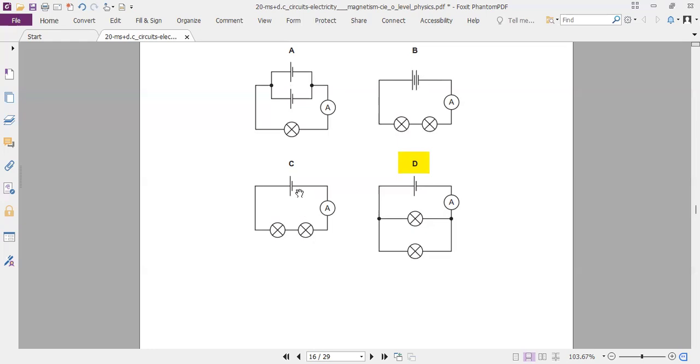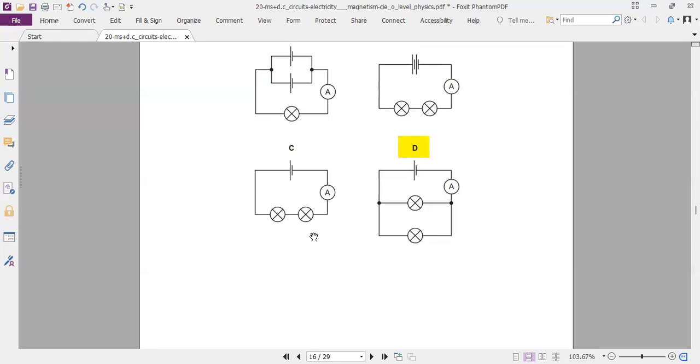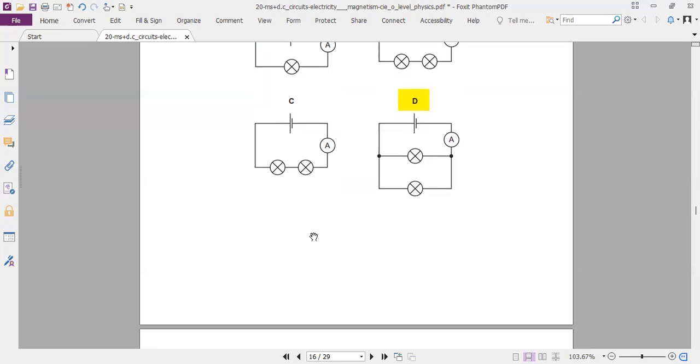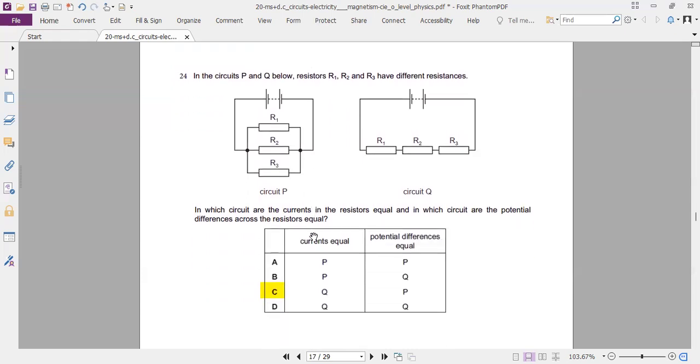Here, the current will decrease because one battery operates two lights. So the current is equal in this circuit because the current remains the same and the potential difference is the same in this circuit. So Q and P is the correct choice.